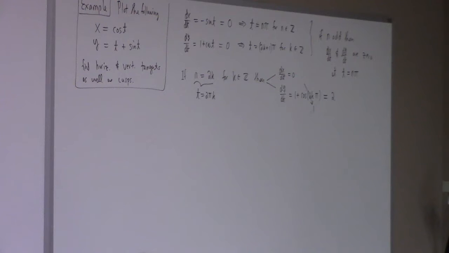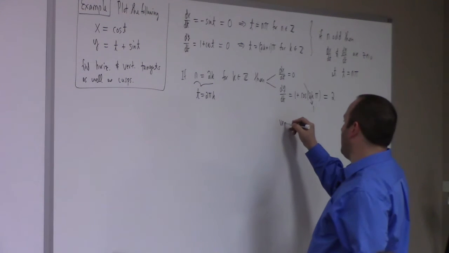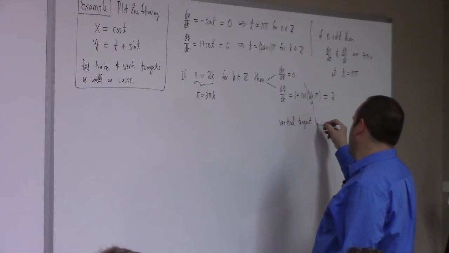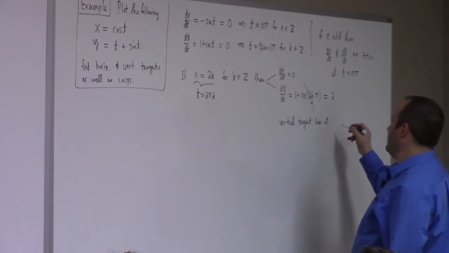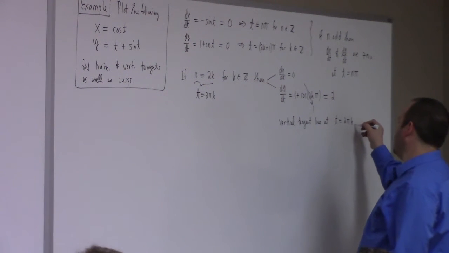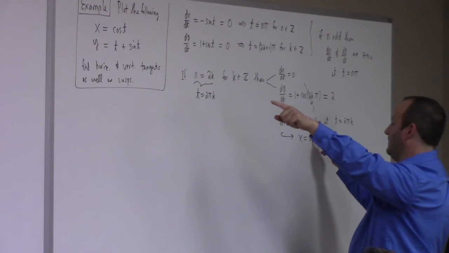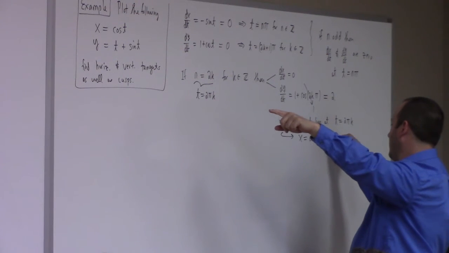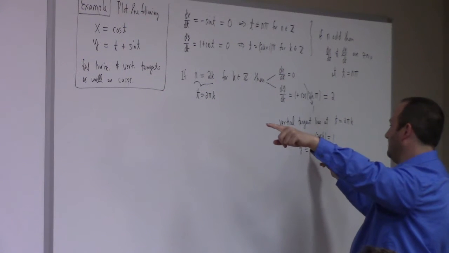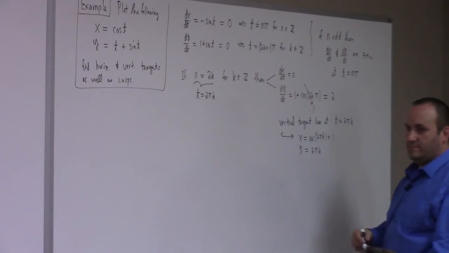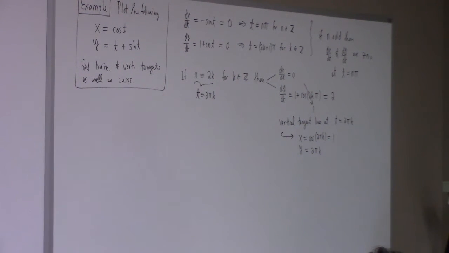So, yeah. If you have dx/dt equal to 0 and dy/dt nonzero, those are vertical tangents, right? So we have vertical tangent lines at t equals 2 pi k, which corresponds to what in terms of x and y? x equals cosine of 2 pi k, aka 1, and y equals sine of 2 pi k, which is 0, right?